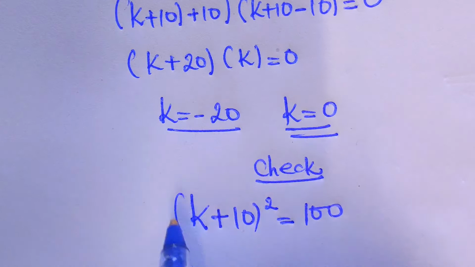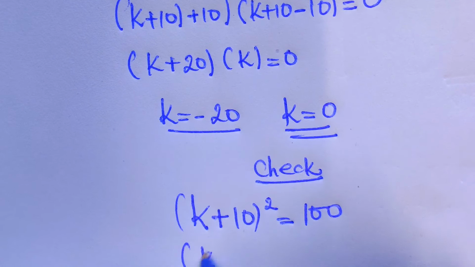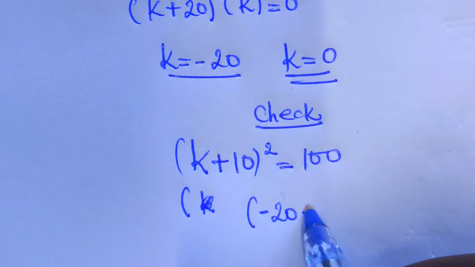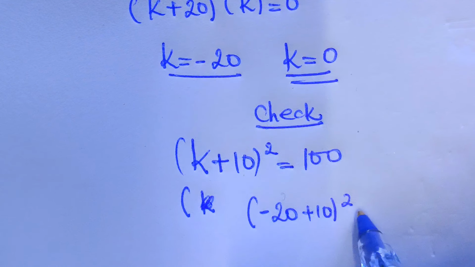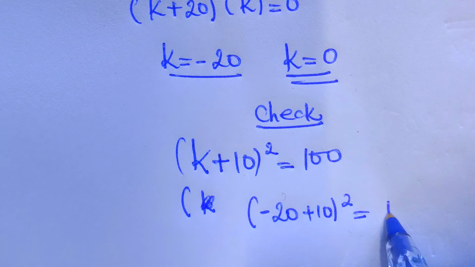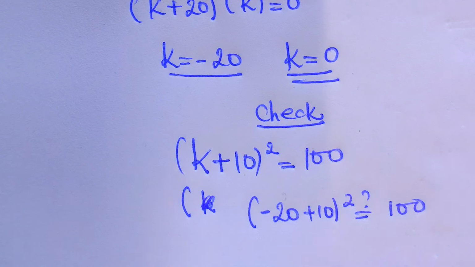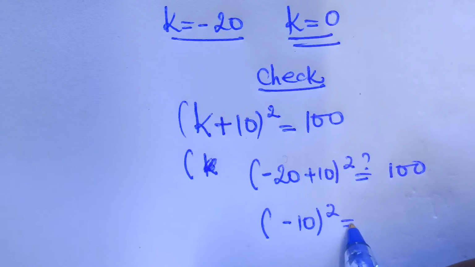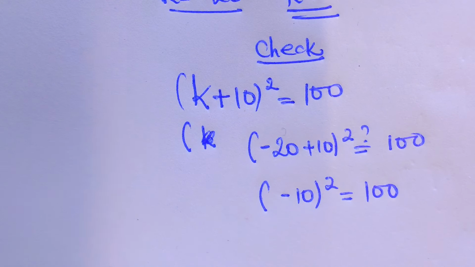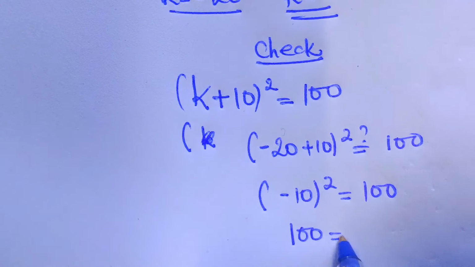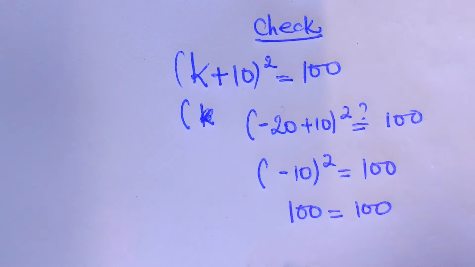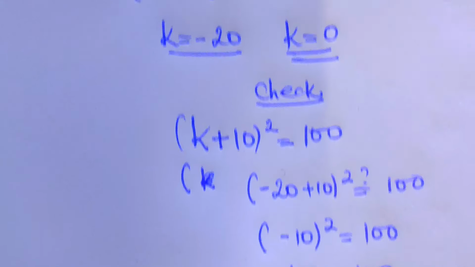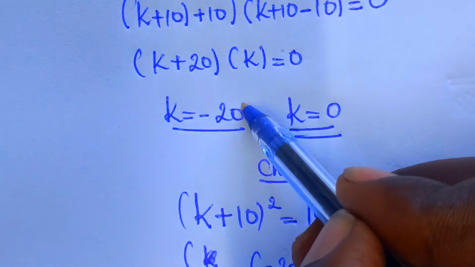Okay, so by substituting we have (−20 + 10)² equal to 100, question mark, and this we shall write as (−10)² equal to 100. (−10)² is 100, which equals 100. So left hand side equals right hand side, which means that this one is correct.